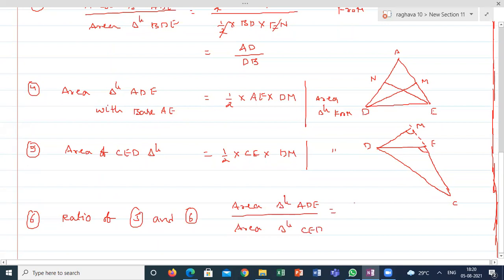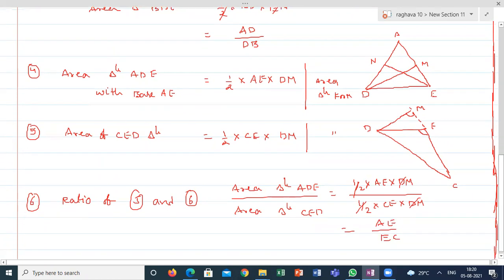That will be equal to what? Half AE into DM divided by half CE into DM. DM cancels, half cancels. This can be written as AE by AC from point number 5 and 6.